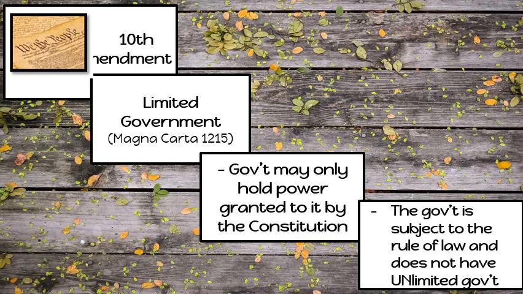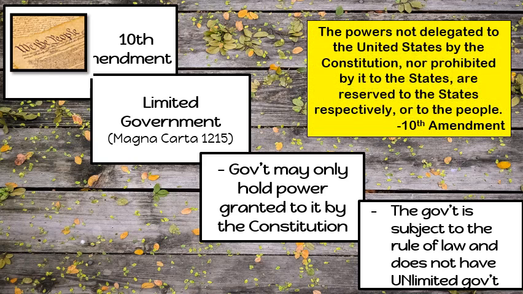Okay, so for example, you notice I had the 10th Amendment in our picture box to the far left on your paper. This is a quote of the 10th Amendment. The powers not delegated to the United States by the Constitution, nor prohibited by it to the states, are reserved to the states respectively, or to the people.